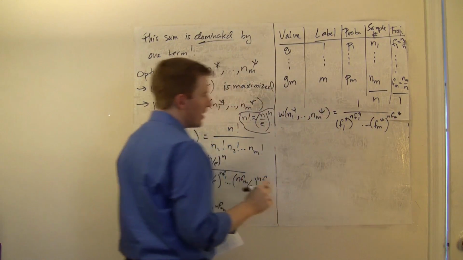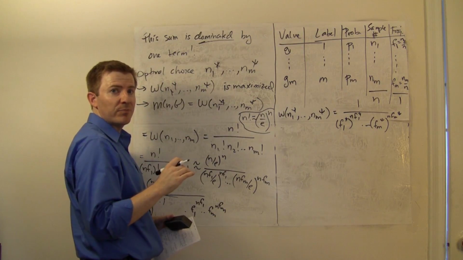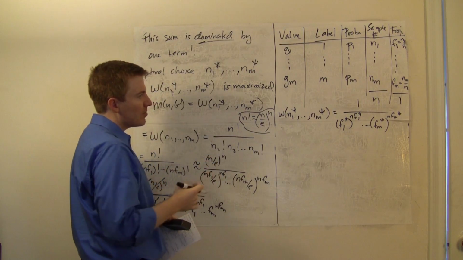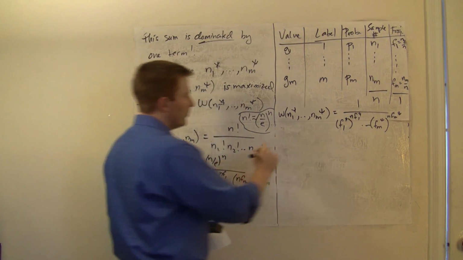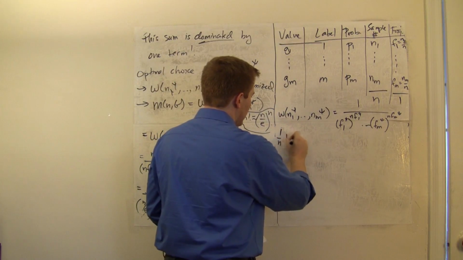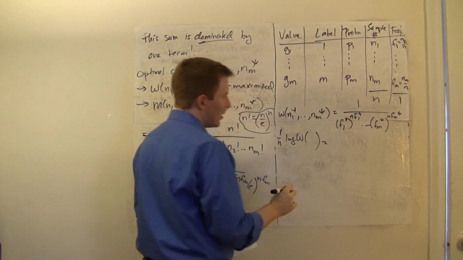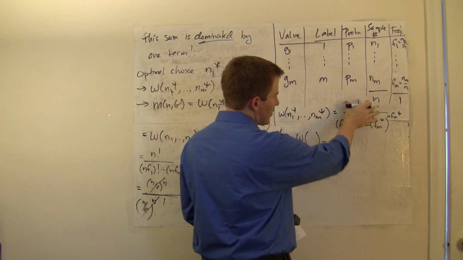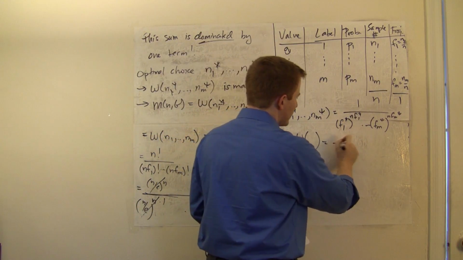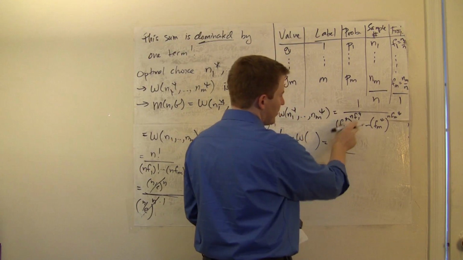Or if we take this in log terms, and we want to know how this scales with n, when we take the log of it, so 1 over n log of W, what's that going to be? Well, the log of this thing is minus the sum of the logs of these things.